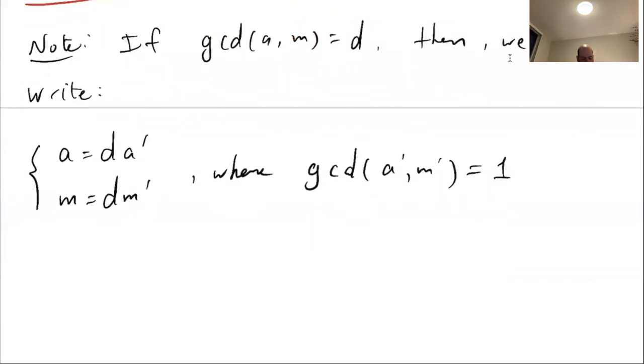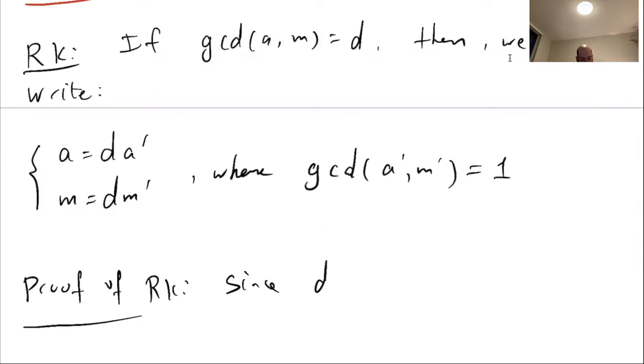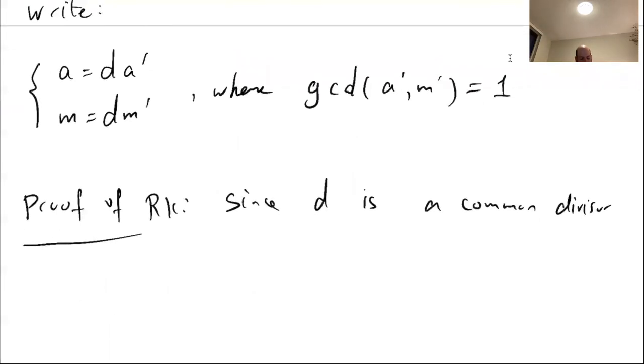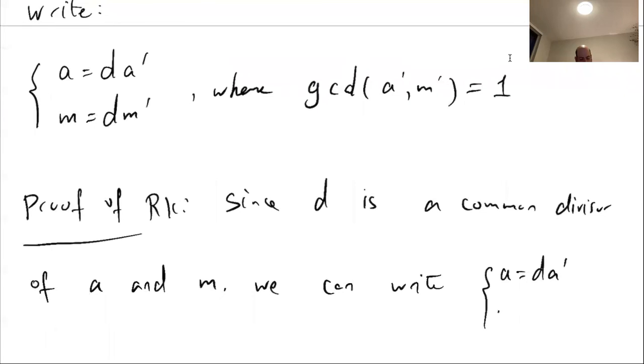Why is this true? So let me give you this one as a remark. So proof of remark. So first of all, since D is the GCD of A and M, the greatest common divisor, it is a common divisor of A and M. Since D is a common divisor of A and M, we can write A equals dA prime and M equals dM prime.